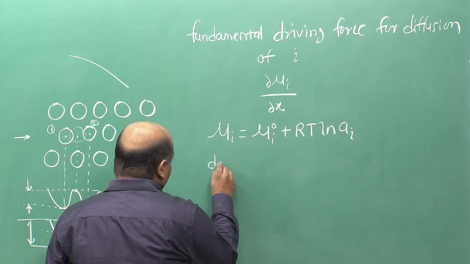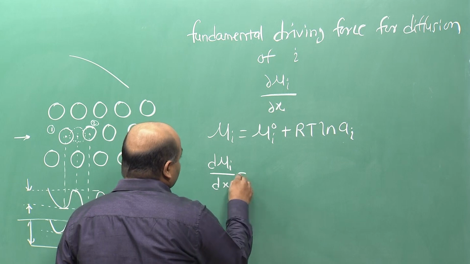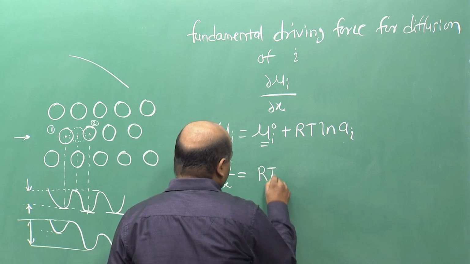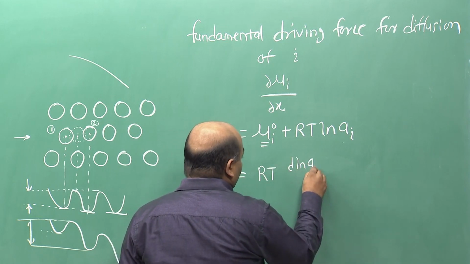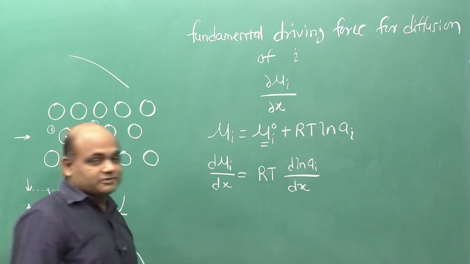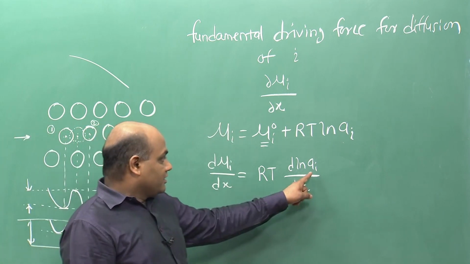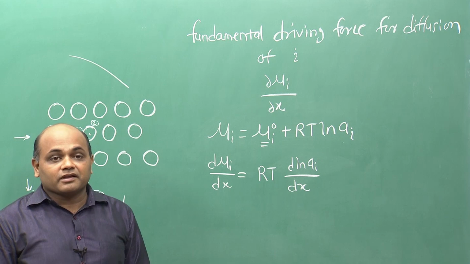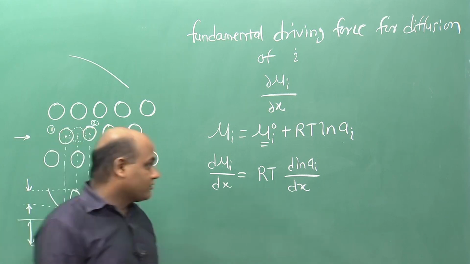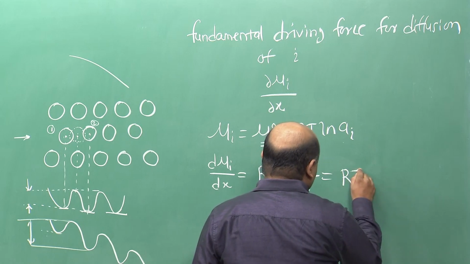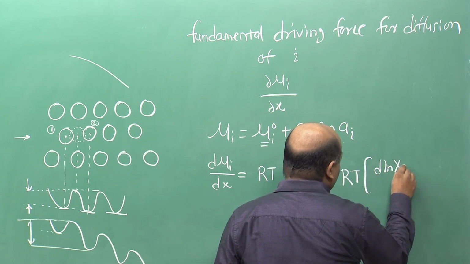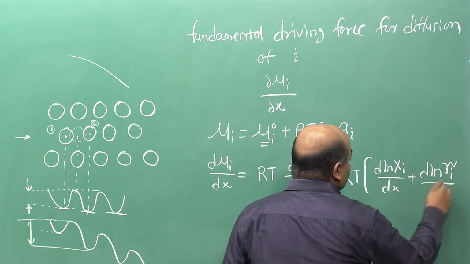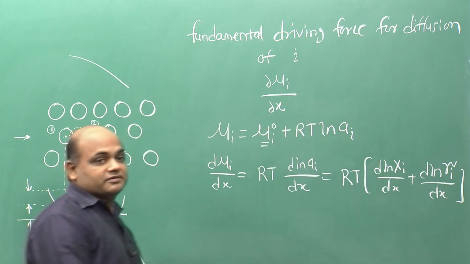So, if we take the derivative with respect to x, this should be constant, right, and if we consider an isothermal process, it should be R T d ln A I by dx. Now, A I we know is equal to gamma I times x I, where gamma I is the activity coefficient and x I is the mole fraction of I. So, we can write this as R T d ln x I by dx plus d ln gamma I by dx.